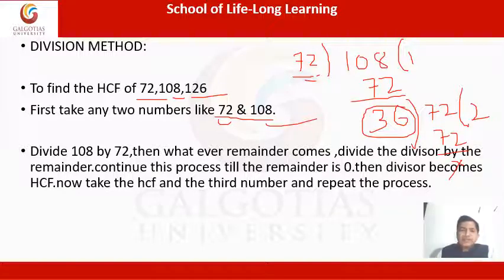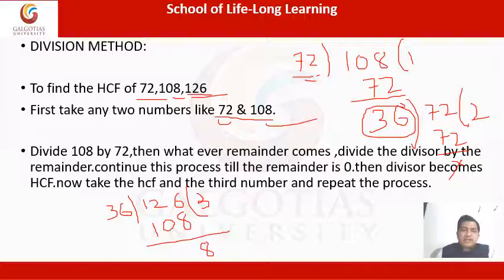Now since you have to find the HCF of three numbers, take 36 and one more, the next number 126, and proceed with the same method. Divide 126 by 36. It will go 3 times, I suppose. 3 6s are 18, 108, so you get a remainder of 18.